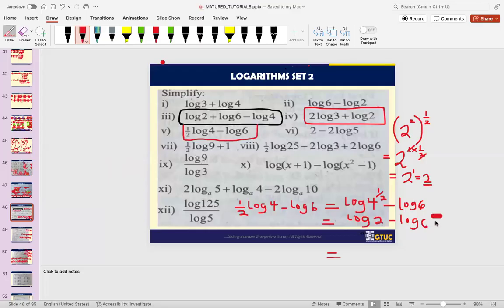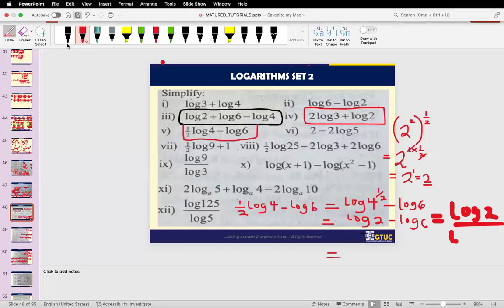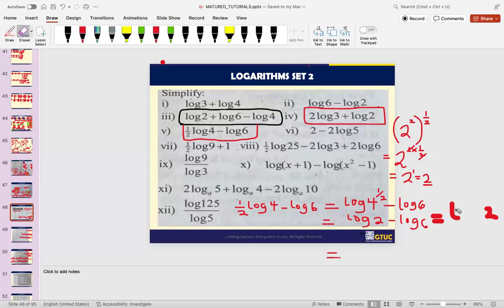So this one will become log 2 divided by 6. 2 will cancel itself once, 2 will go here, 3.